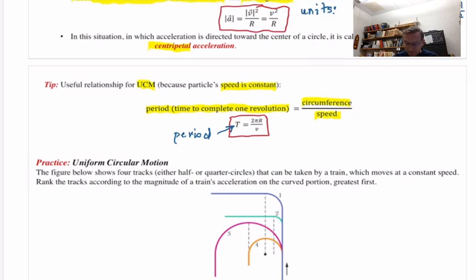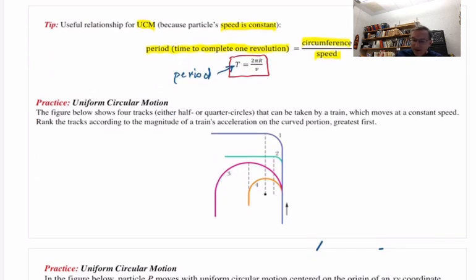Very useful. Now let's start practicing studying uniform circular motion. I'm going to do one with you in our video here, and then I'm going to give you one as a class engagement exercise. Here is the scenario. This figure shows, kind of grouped together, 4 different tracks that a particle can move on.